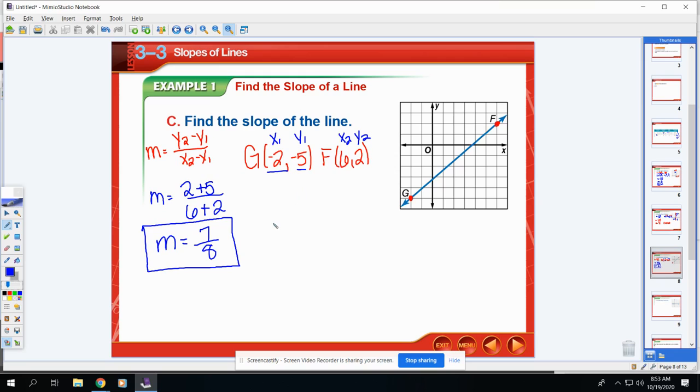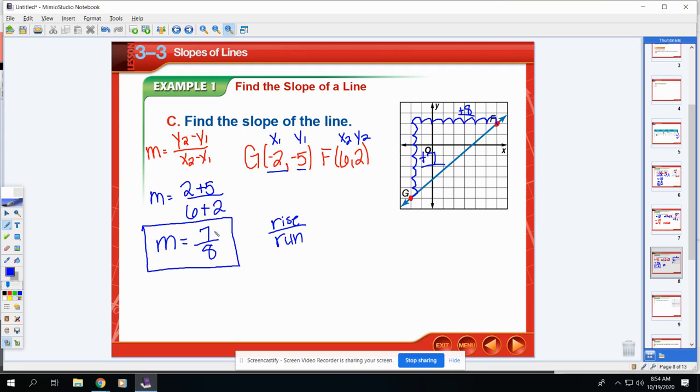Just to show you exactly what this means, when we say rise over run, a slope of 7/8 really means that we are going up 7. 1, 2, 3, 4, 5, 6, 7. Up 7, and running 8. 1, 2, 3, 4, 5, 6, 7, 8. So we are rising 7 and we are running 8.